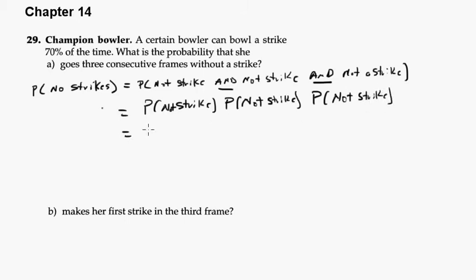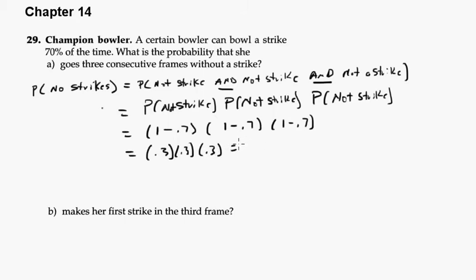Well, that's going to be 1 minus 0.7 times 1 minus 0.7 times 1 minus 0.7, or 0.3 times 0.3 times 0.3, and that looks like a familiar number to me: 0.027. We had that on another problem.